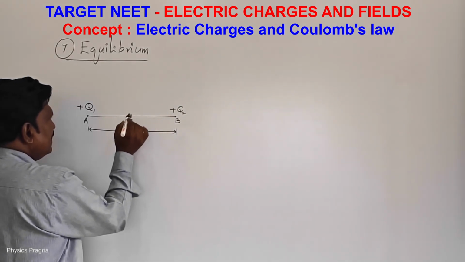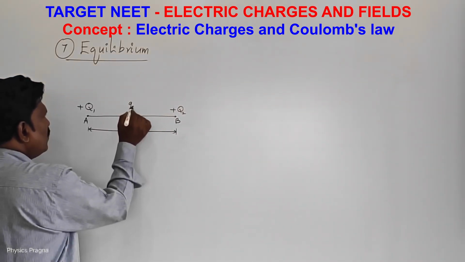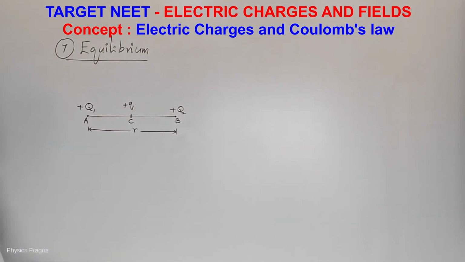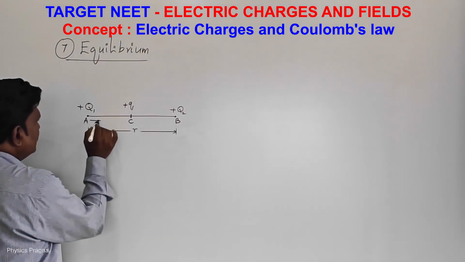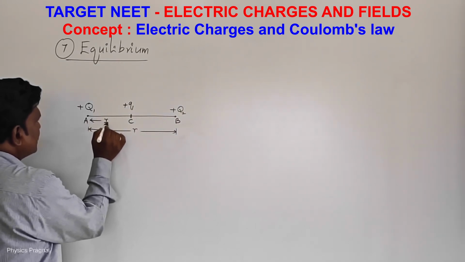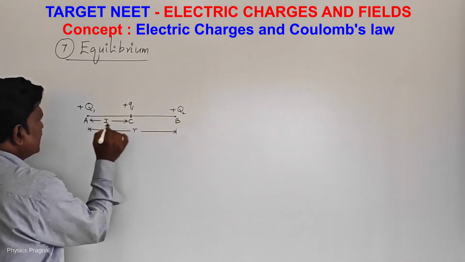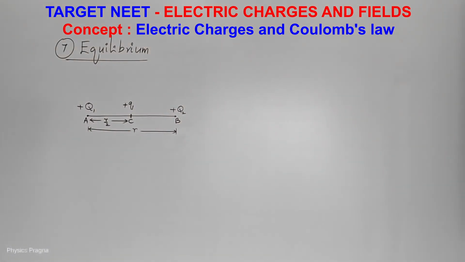At C, I kept a small charge, that is also positive charge, some amount of charge. This is exactly at the middle, so this is r by 2 distance. So if these three charges are in equilibrium, what happens?